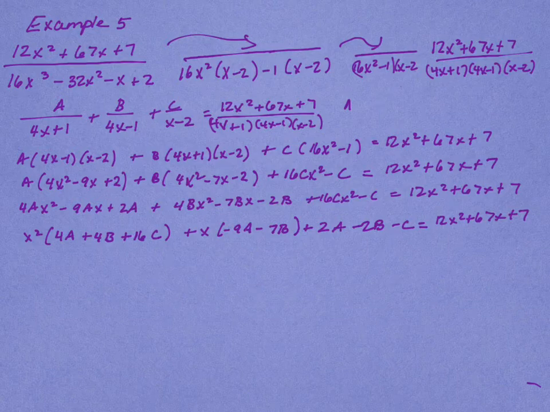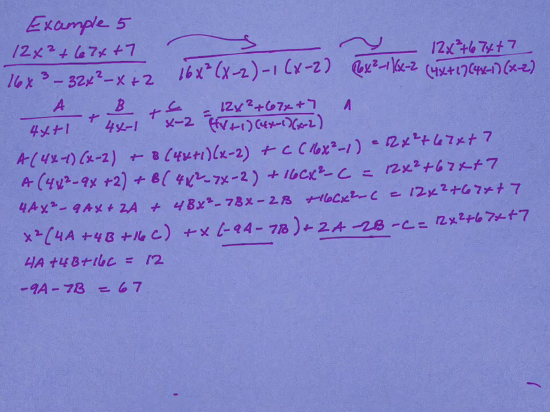So that means that 4A plus 4B plus 16C has to be equal to 12. And it also means that negative 9A minus 7B is equal to 67. And 2A minus 2B minus C is equal to 7.